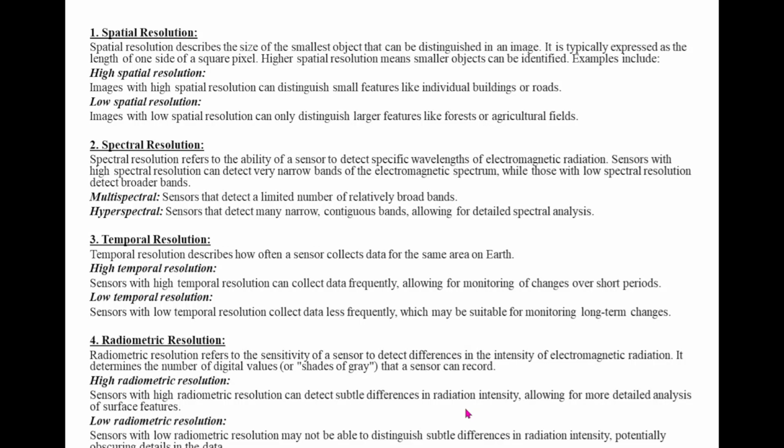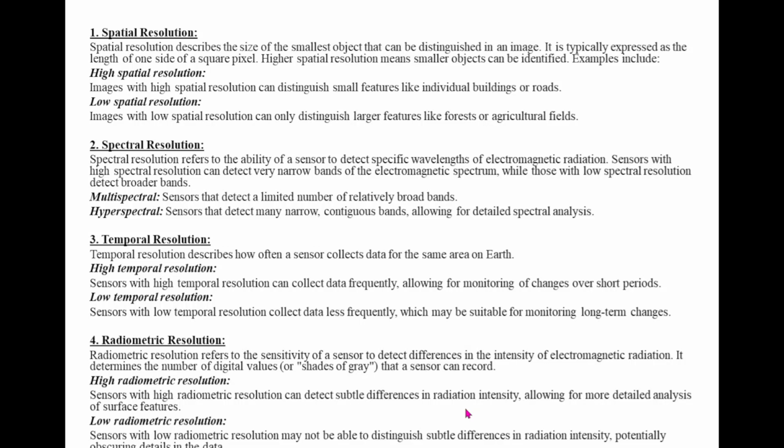Low temporal resolution means maybe after 15 days it takes, or 1 month it takes, like that. Okay, so this is relative. If you have a sensor that is collecting imageries every second month and another every 2 weeks, then 2 weeks will be higher temporal resolution.